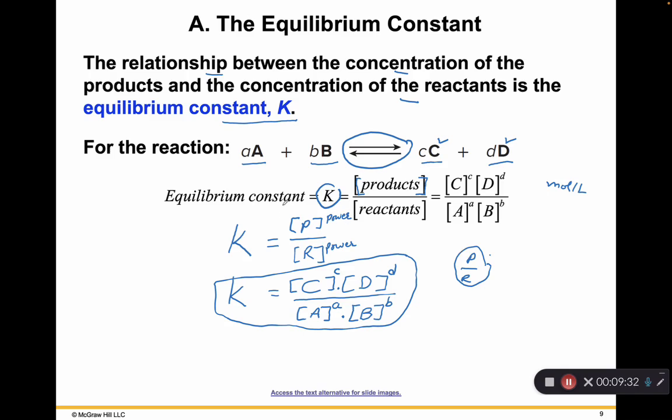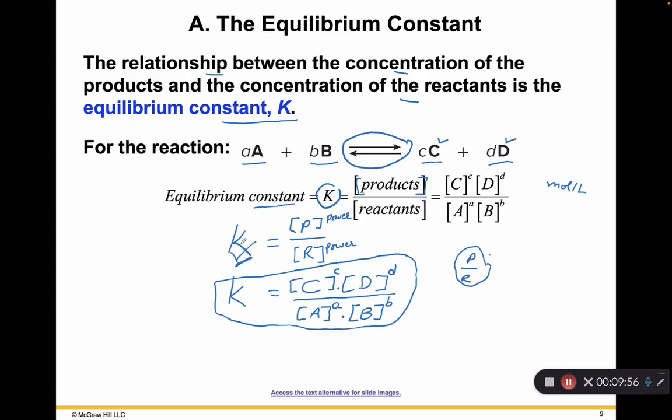The constant means the value of K will remain unchanged even when we play around and change the concentration of either reactant or product. That's why the earlier slide told us the ratio of products to reactants will remain constant, meaning the equilibrium constant will remain unchanged.